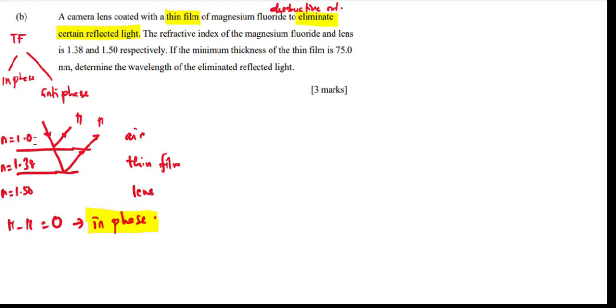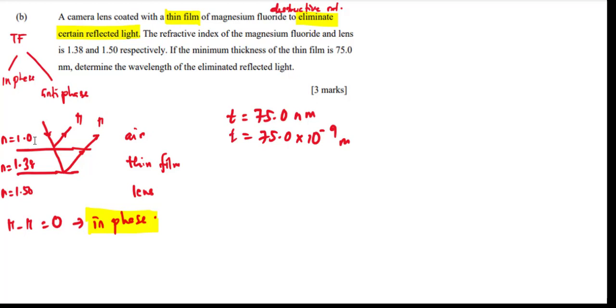Given the minimum thickness of the thin film, they give you t equals 75 nanometer, that is 75 times 10 to the power of negative 9 meter. Okay, so that is the minimum thickness.